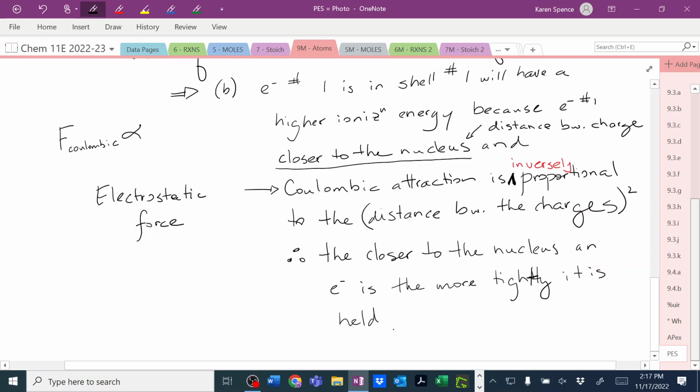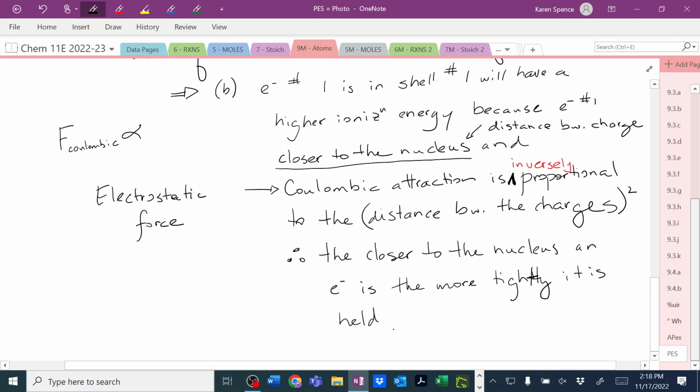Like I said, in AP they probably don't care whether you mention the square or not. I'm going to mention the square. It is simply a law of nature that the force goes as 1 over the square of the distance between the charges. So, when you looked at the data last day, right?